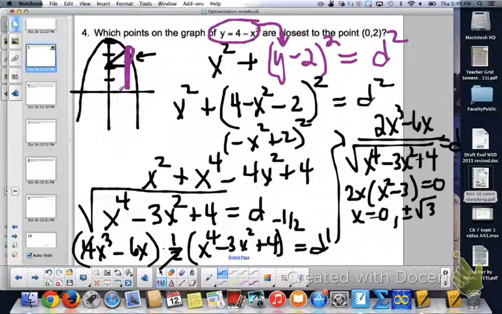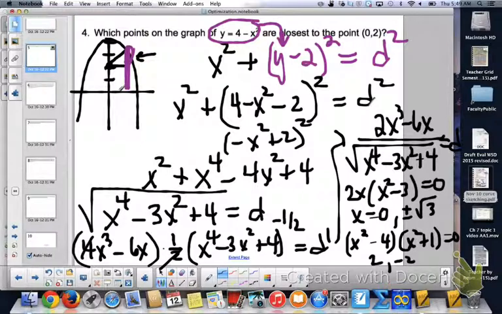And the bottom, if you set the bottom equal to 0, if you factor that, it is x squared minus 4 and x squared plus 1. So there you would get 2 or negative 2. So you know that the graph is symmetrical, so you really just have to deal with one of them. So we're going to do 0, root 3, and 2.